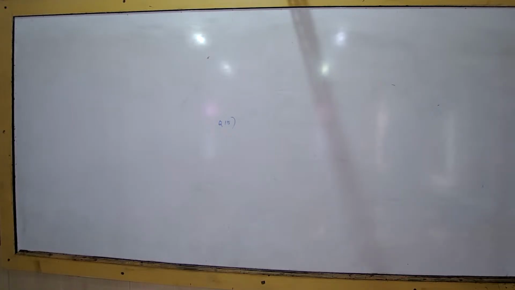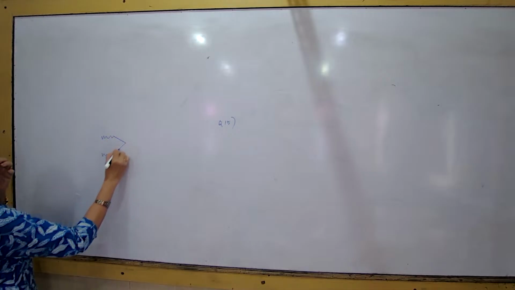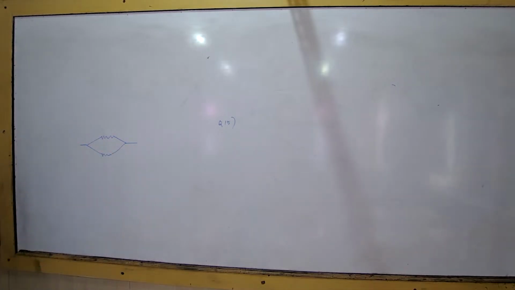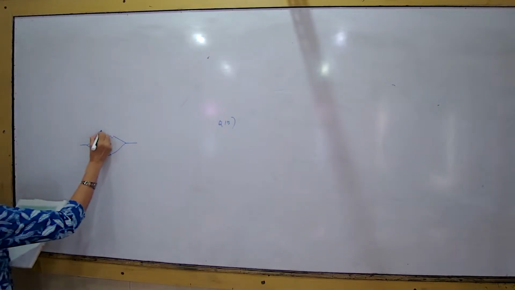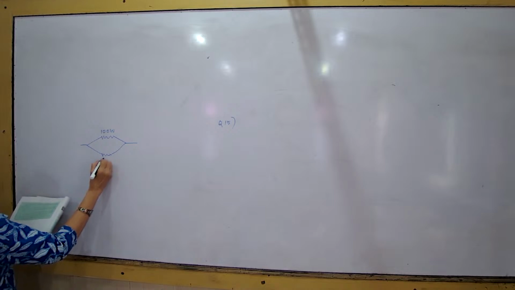So how will the diagram be? The diagram is one bulb here, one bulb here, and this is your connection in parallel. What is the rating of one bulb? This is 100 watt, and the other one is 60 watt.